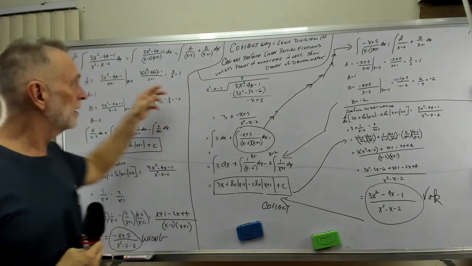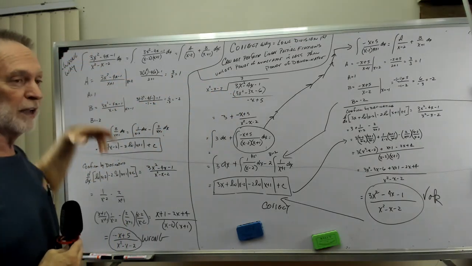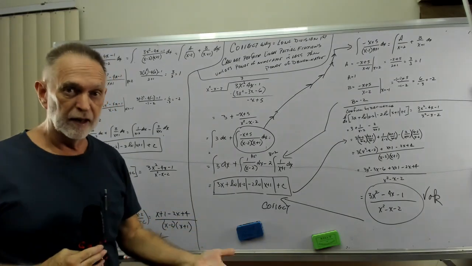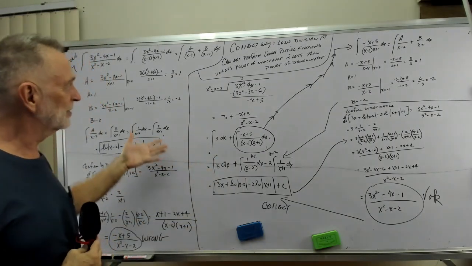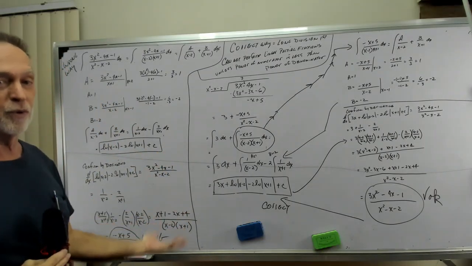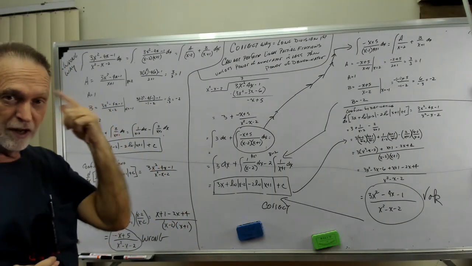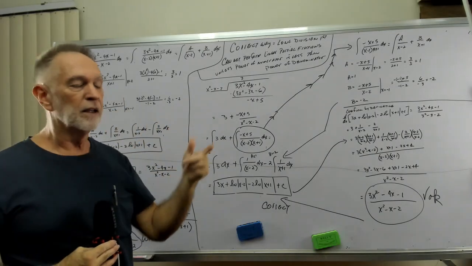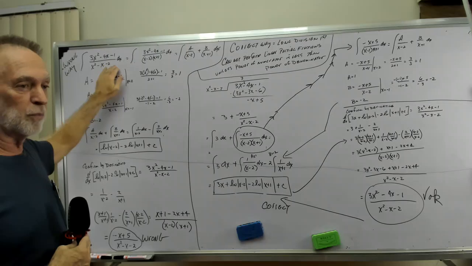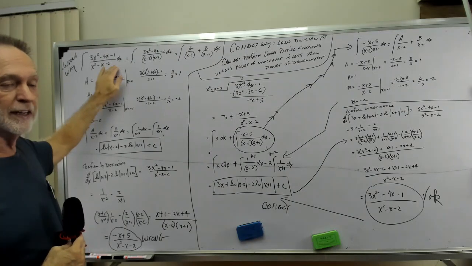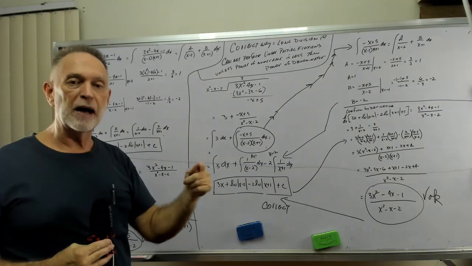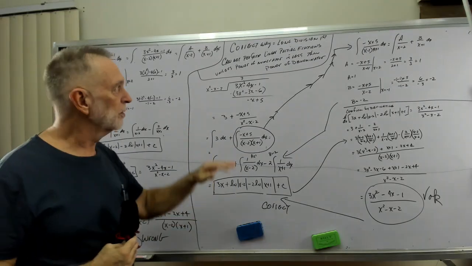If you can reduce this by performing long division, you should default to do that. Because in this case, if you don't perform the long division, you absolutely will get the wrong answer. So make a mental note of that. Let's default to performing long division and ensure that the numerator is of a lesser power than the denominator.